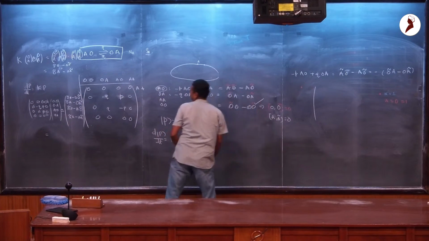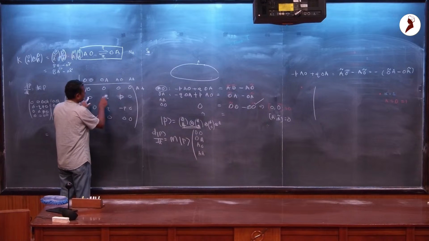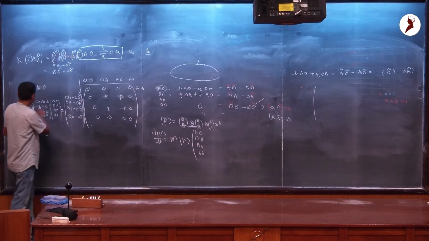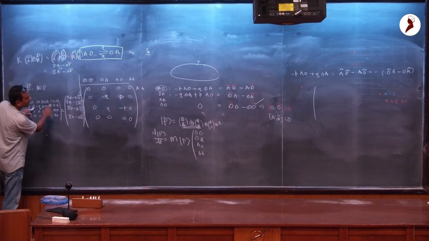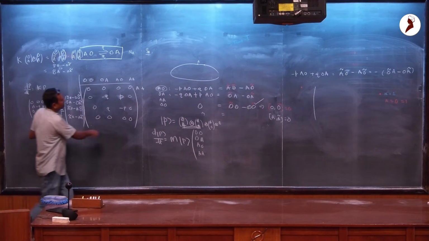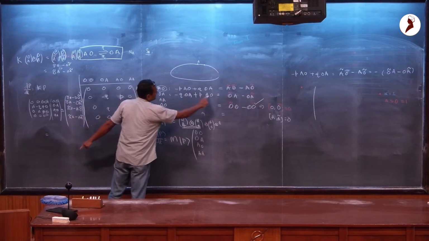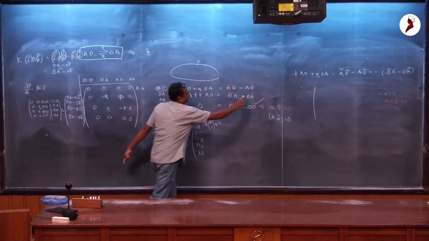Then for this one, minus q times 0A plus p times A0, equal to 0 tilde A minus A tilde 0.